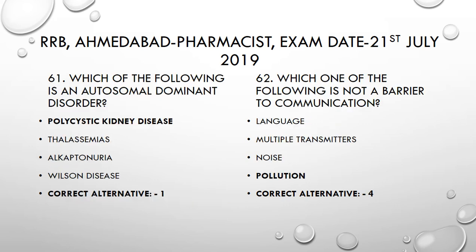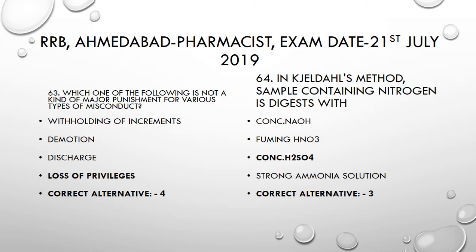Which of the following is an autosomal dominant disorder? That is polycystic kidney disease. Which of the following is a barrier to communication? That is pollution. Which of the following is not a kind of major punishment for various types of misconduct? That is loss of privileges.